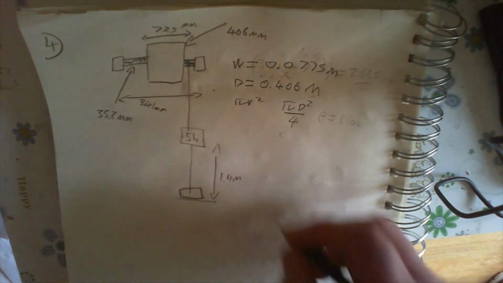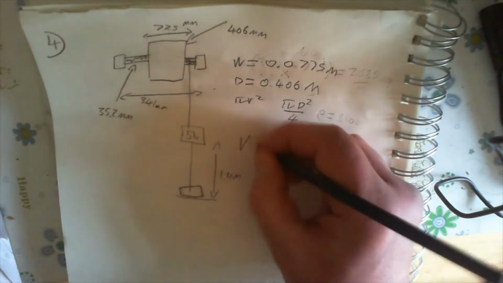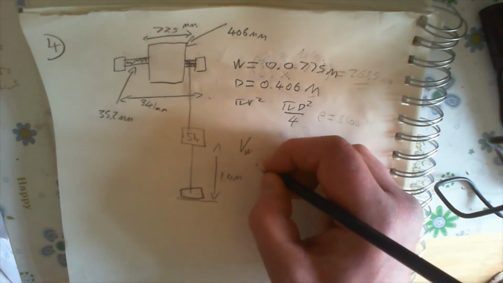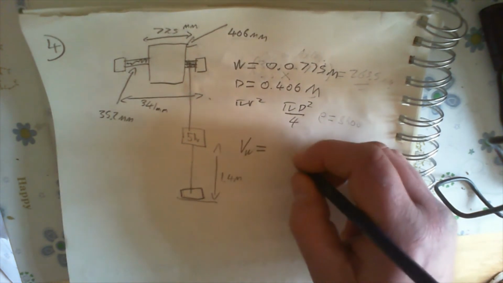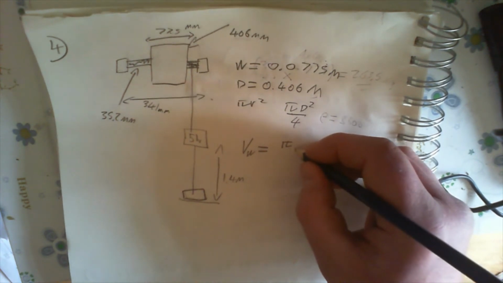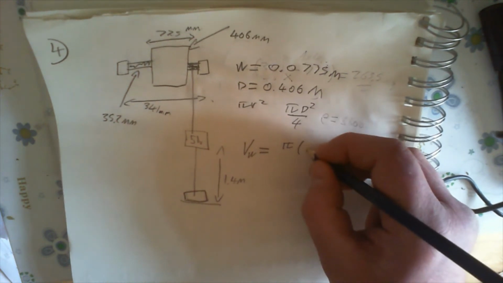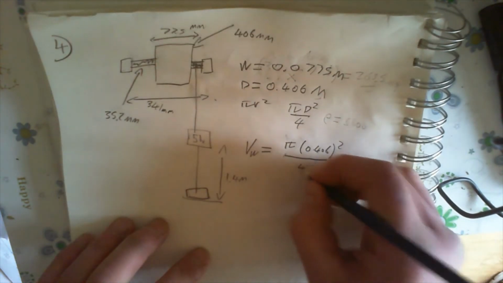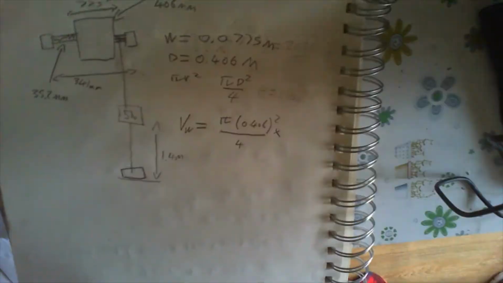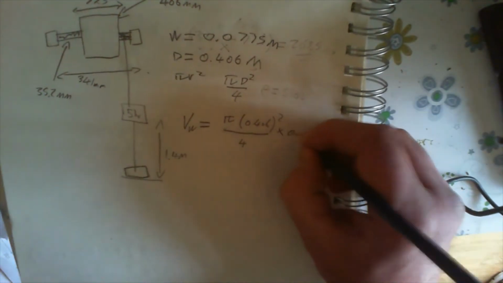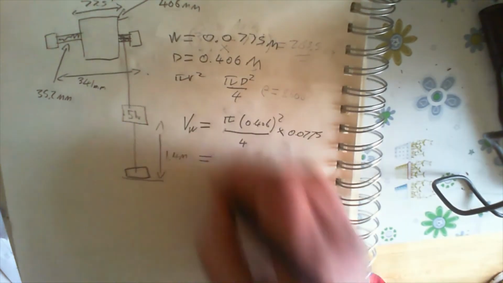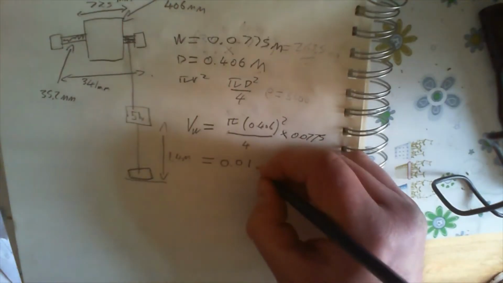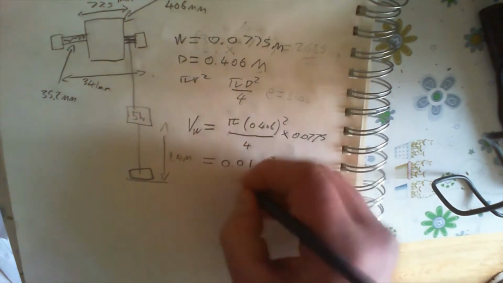So the volume of the wheel here equals pi times 0.406 squared divided by 4 times 0.0775, and that's going to equal 0.01 meters cubed.